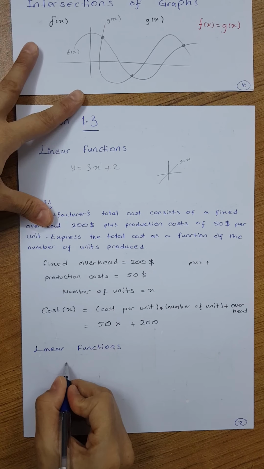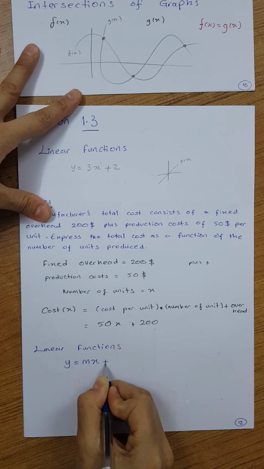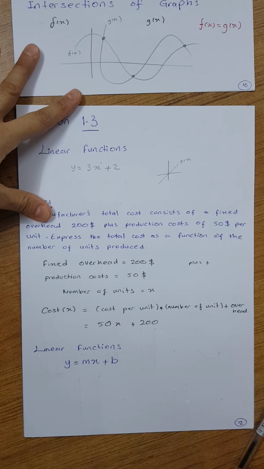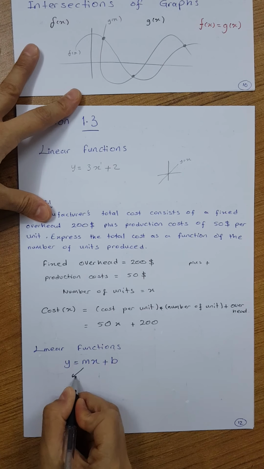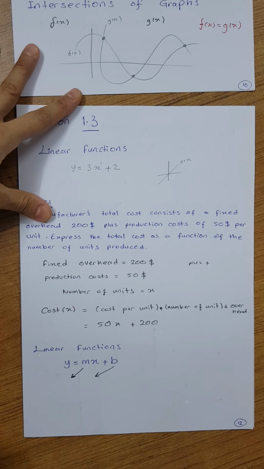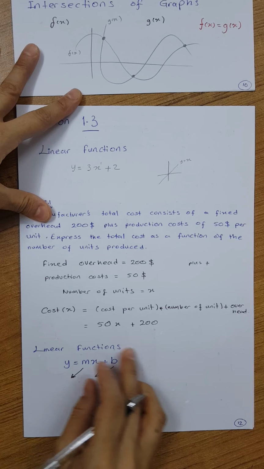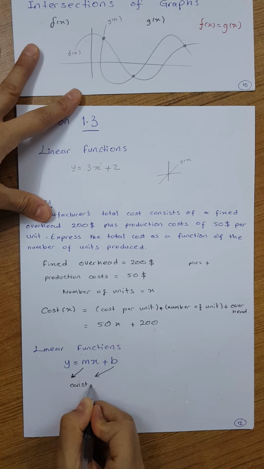In general, we are writing the equation of a linear function as y is equal to mx plus b. That m in here is called the slope, but let me not go to the slope formula yet. I will just write here that this m and that b are constant numbers.